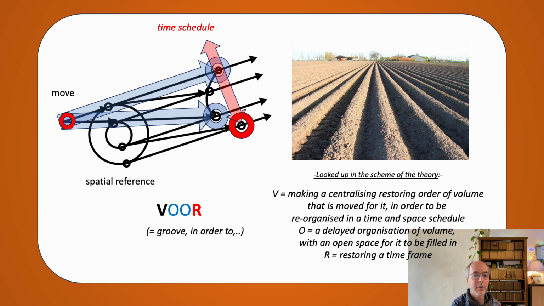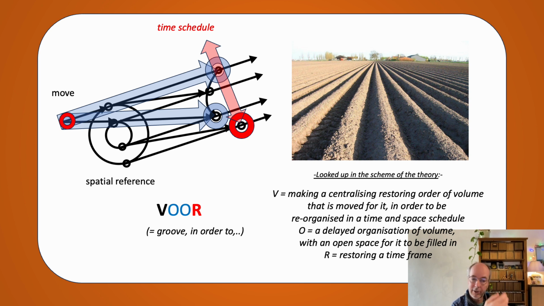It is there to make a restoring order from within the centralizing vision of the volume. So we do something with the volume, we move it, only because we want to reorganize, in this case, the soil and the purpose of this soil in a schedule in time. That's what we do there.